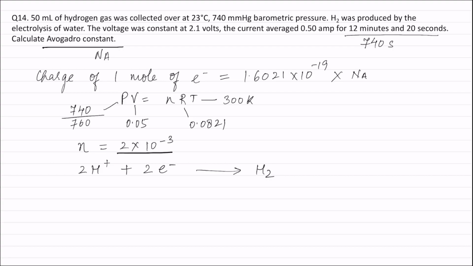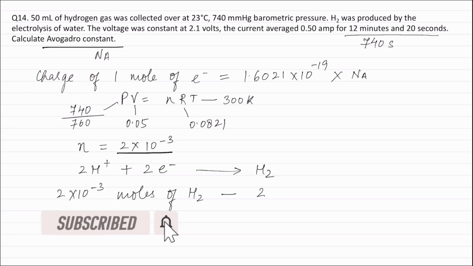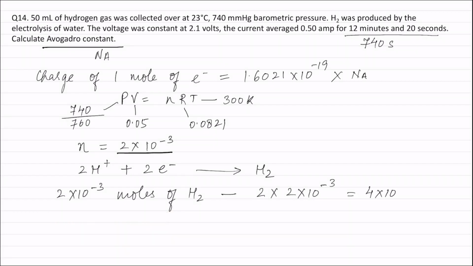Therefore, 2 into 10 to the power minus 3 moles of hydrogen will require 2 into 10 to the power minus 3 into 2, which is equal to 4 into 10 to the power minus 3 moles of electrons. Now we know the moles of electrons. Next step will be to find the charge of 1 mole of electrons.